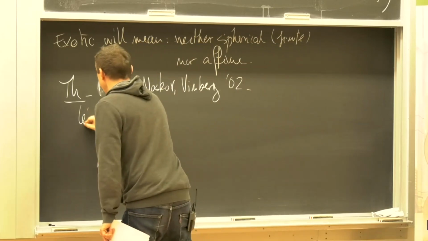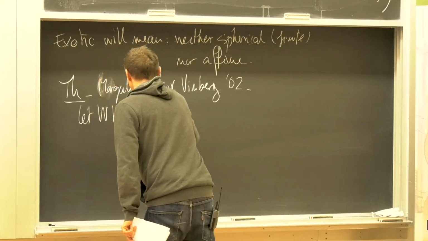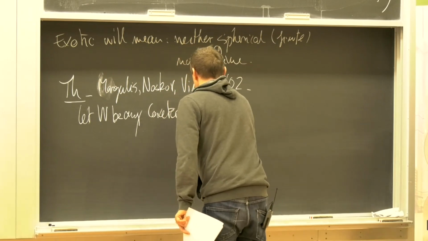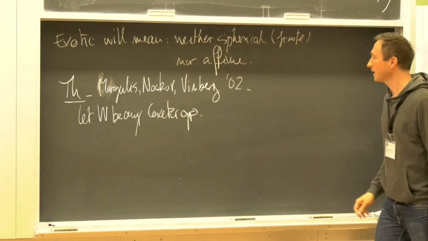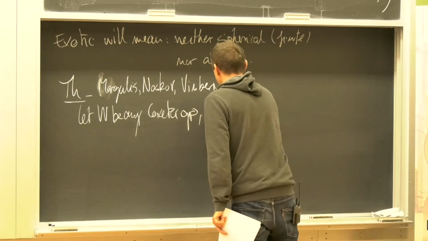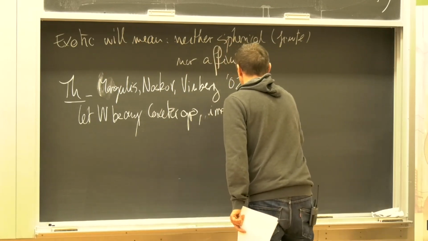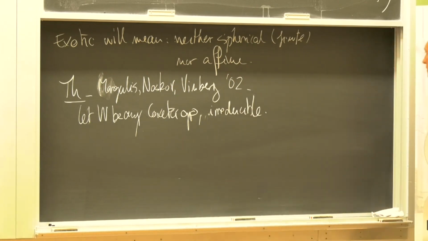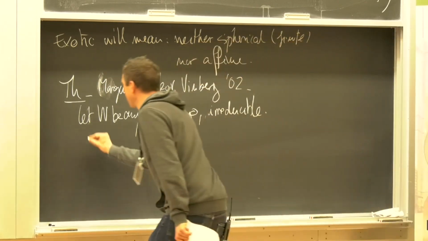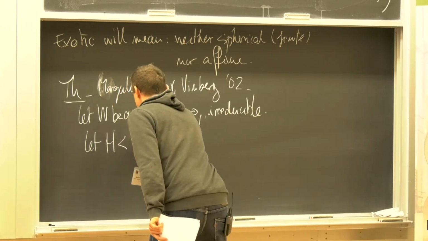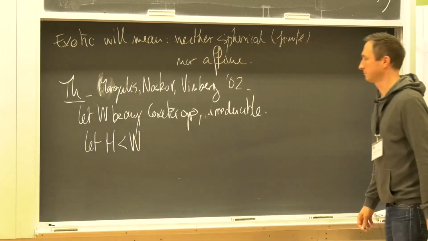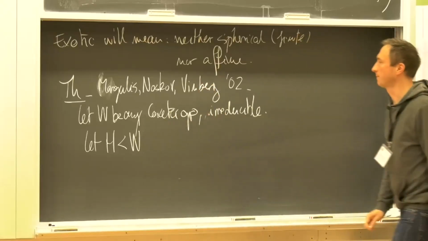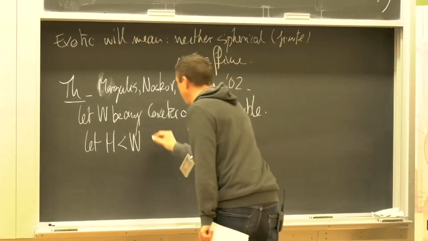Let W be any Coxeter group, say irreducible, to avoid any ambiguity. Let H be a subgroup of W. So I don't even assume it's a Weyl group, it's any Coxeter group. Let H be a subgroup.